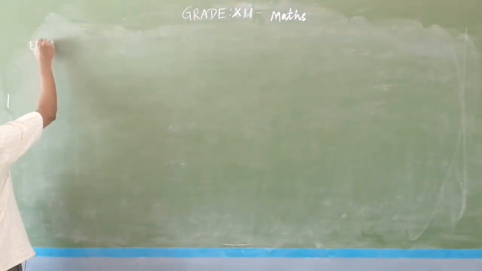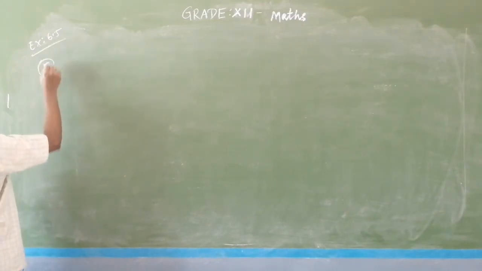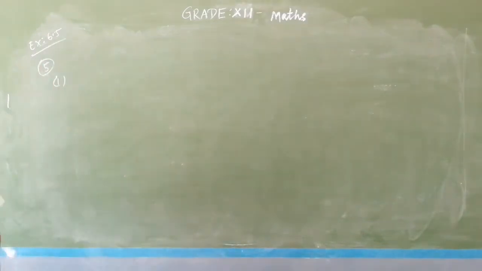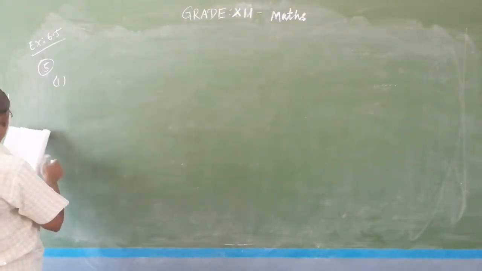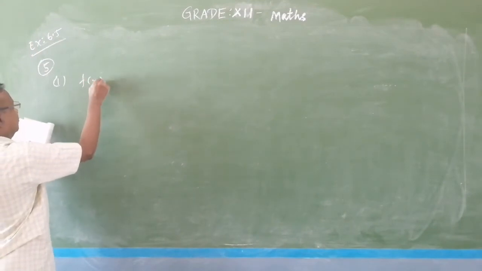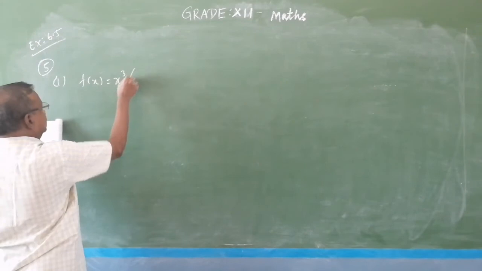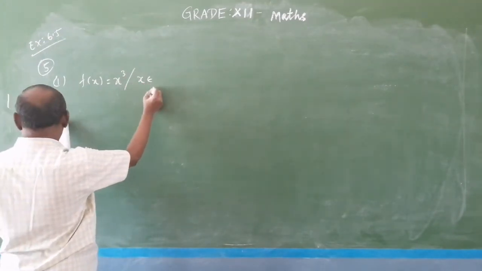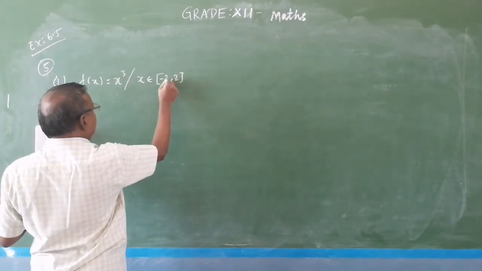Exercise number 6.5, question number 5, subdivision 1. f of x equal to x cube such that x belongs to the closed interval -2, 2.